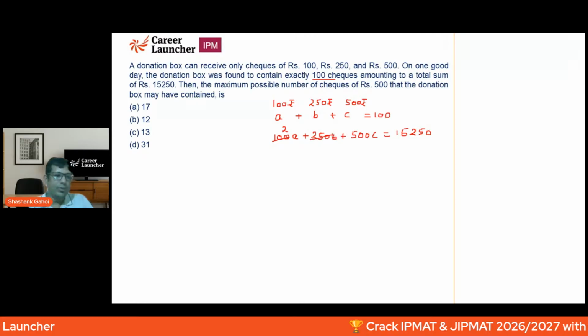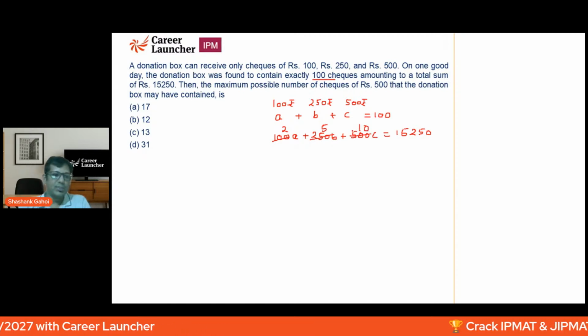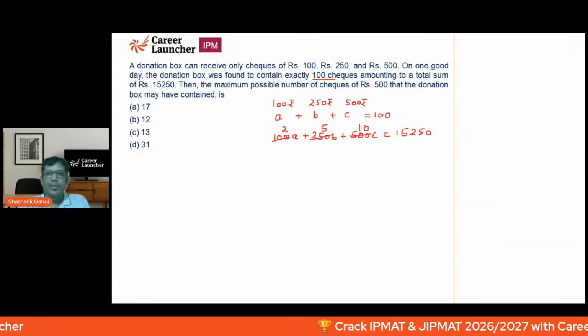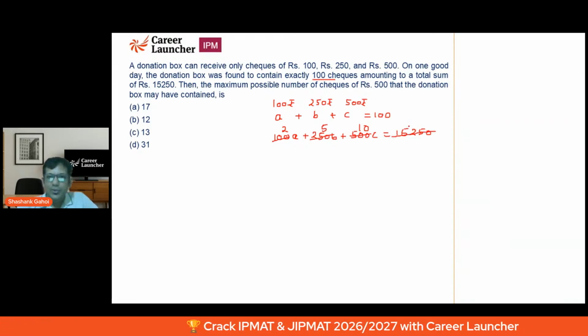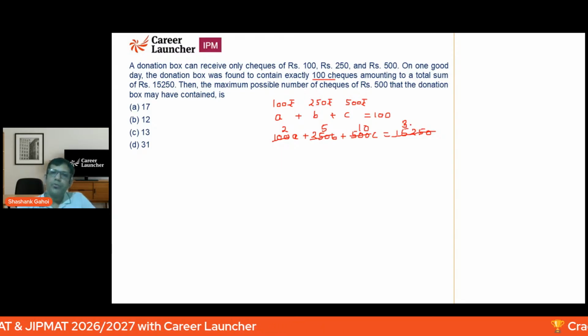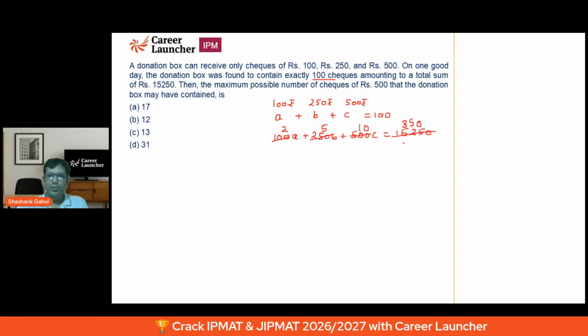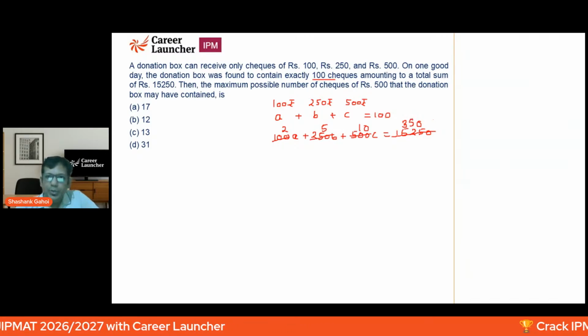Yes. This is going to be 2, this is going to be 5, and this is going to be 10. So this is what I'm going to get, and that is equal to 15,250 divided by 50, which is going to be 305.